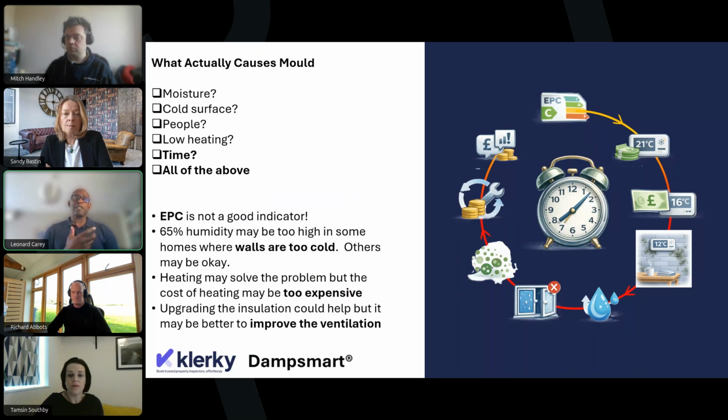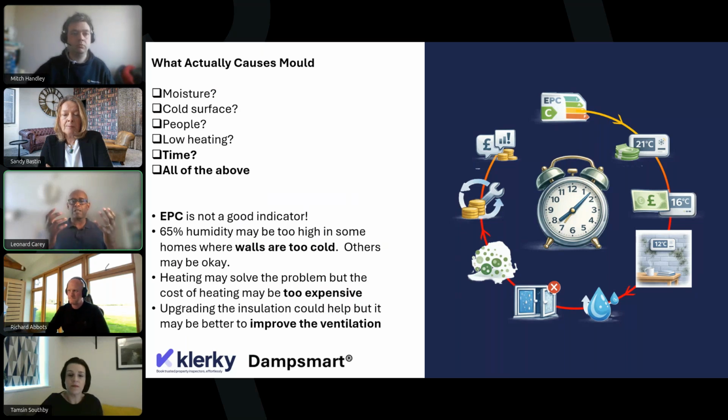And we still see, even today, properties that are running at 13 degrees centigrade. But what we typically see is people, if they can't afford the heating, they switch it down. It then gets to, say, 15, 16 degrees. If it's at 15, 16 degrees internally, then the walls are going to be around about 12 degrees. You keep living your daily life, cooking, bathing, so on.